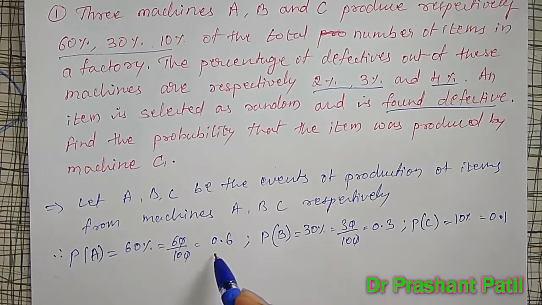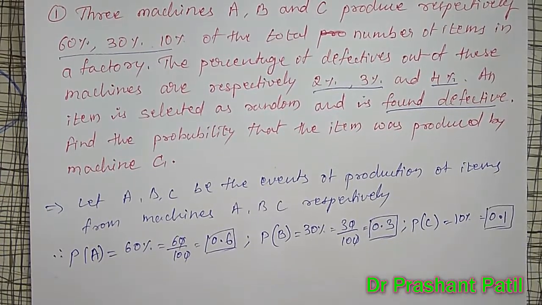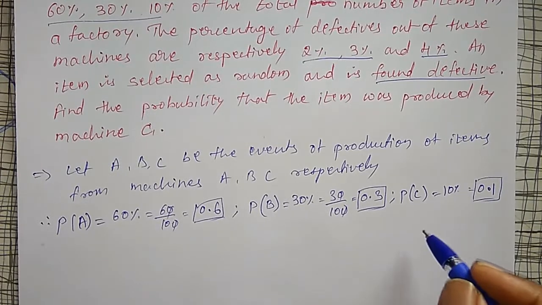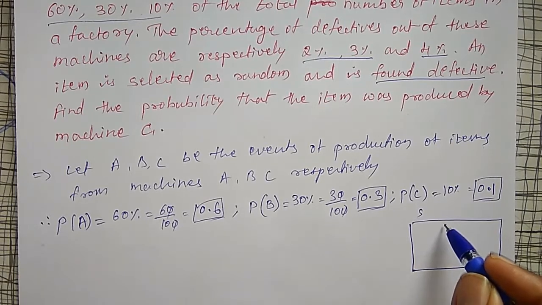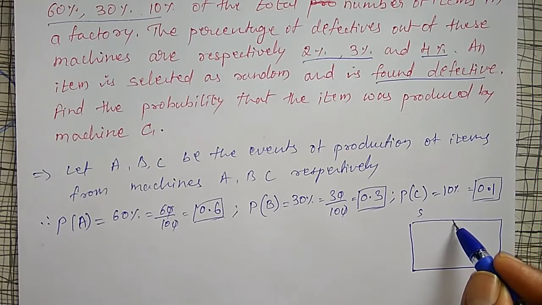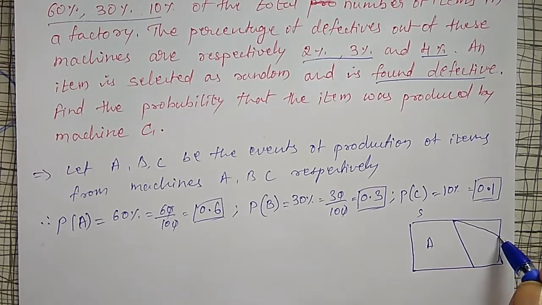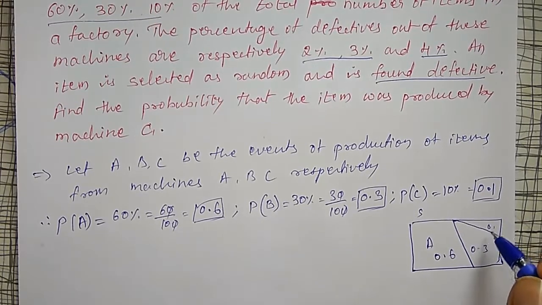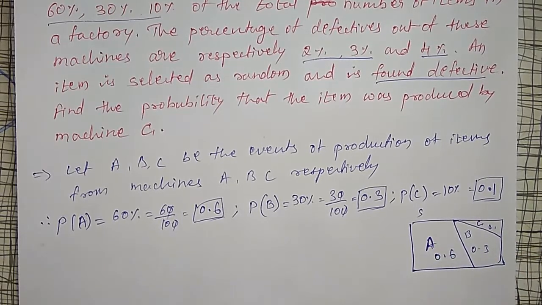Okay, these are the productions of machine A, machine B and machine C. Here the sample space is 100%, out of that 60% is produced by machine A, then 30% by B, and 10% by C.